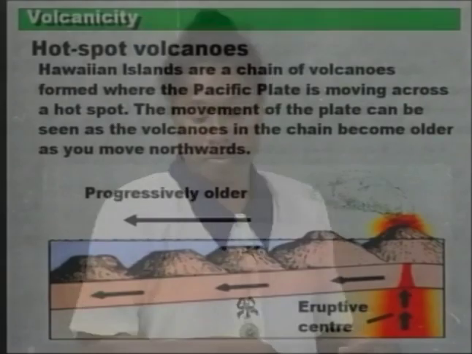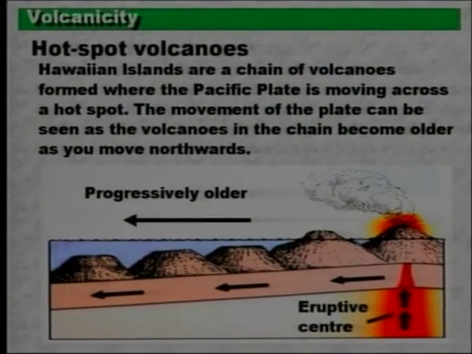We looked at an example of the hotspot volcanoes of Hawaii, and if we can make reference to that diagram again, we found out that the Hawaiian Islands are a chain of volcanoes formed where the Pacific plate is moving across a hotspot. The movement of the plate can be seen as the volcanoes in the chain become older as you move northwards. In other words, the Pacific plate on which the Hawaiian Islands sit is moving in a northeast direction, or towards the north.